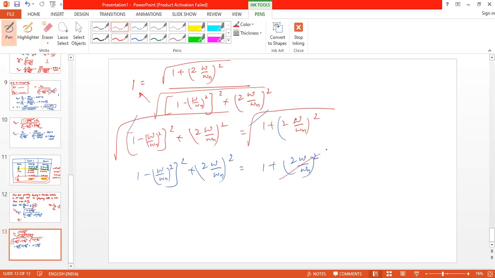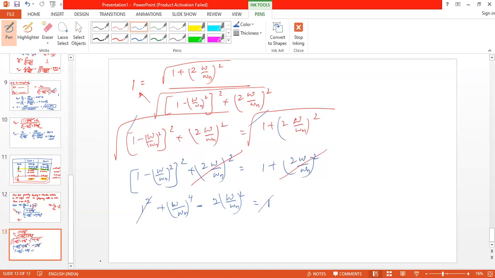So here I can cancel this. This is (a minus b) whole square, plus b square, which gives the power of 4 minus 2ab, that is minus 2 (omega by omega n) whole square.